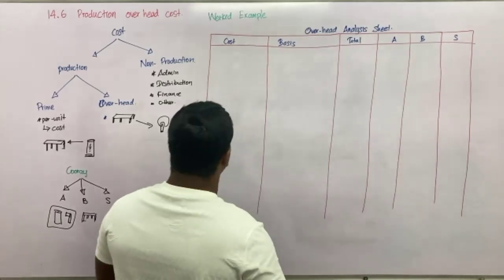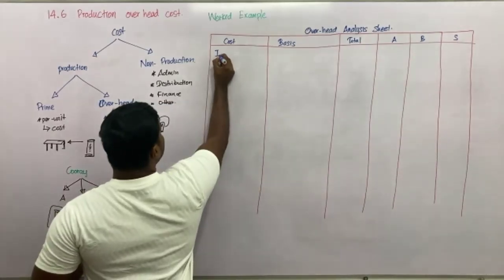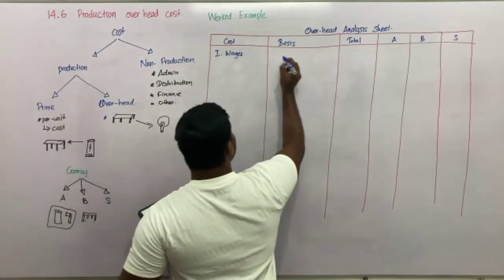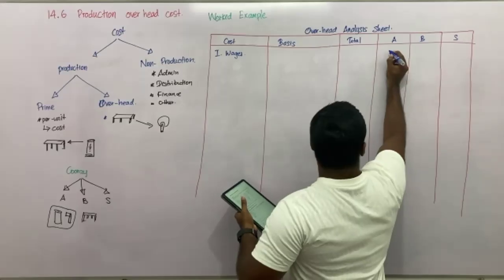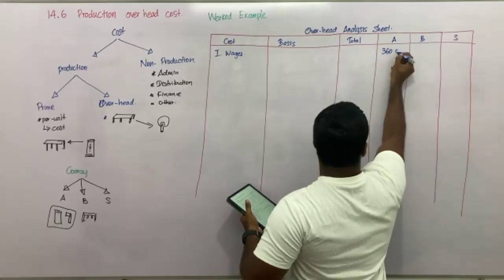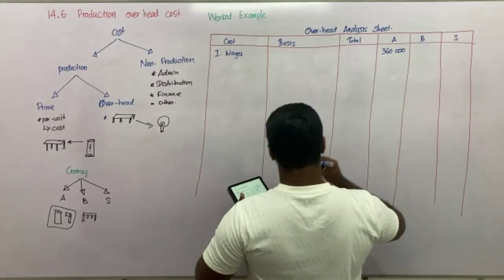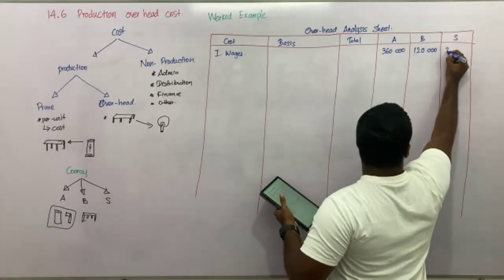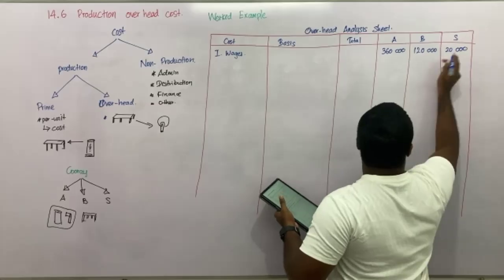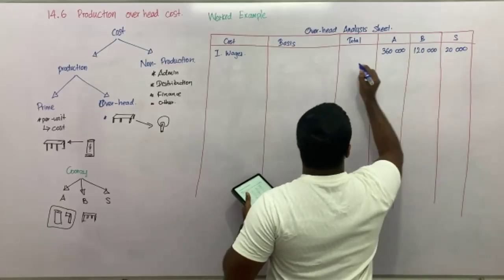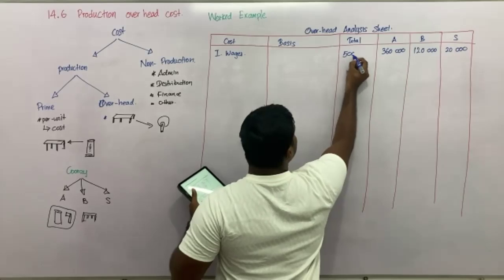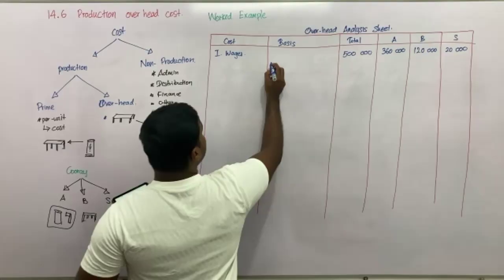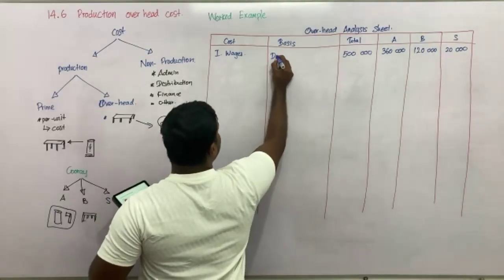Indirect wages are straight away given. For production A it is 360,000, this is 120,000, and service department 20,000. Altogether 500,000 is the total. Since it is directly given in the question, the basis will be direct.